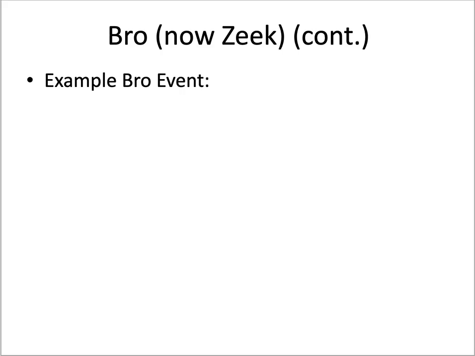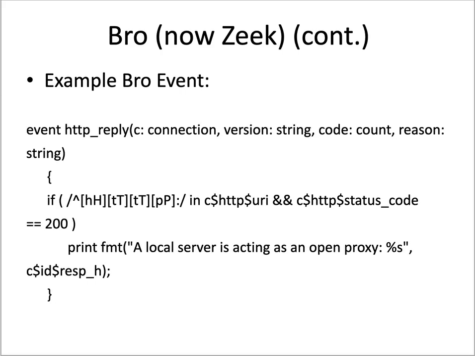So here is an example event. Basically what this is saying is if we see an HTTP reply and the status code is 0 and we have that regular expression, which starts with HTTP regardless of the case, and it has to be at the beginning of the string, that's what the caret is, then I want to print out a message that says I have a local server that is acting as an open proxy.